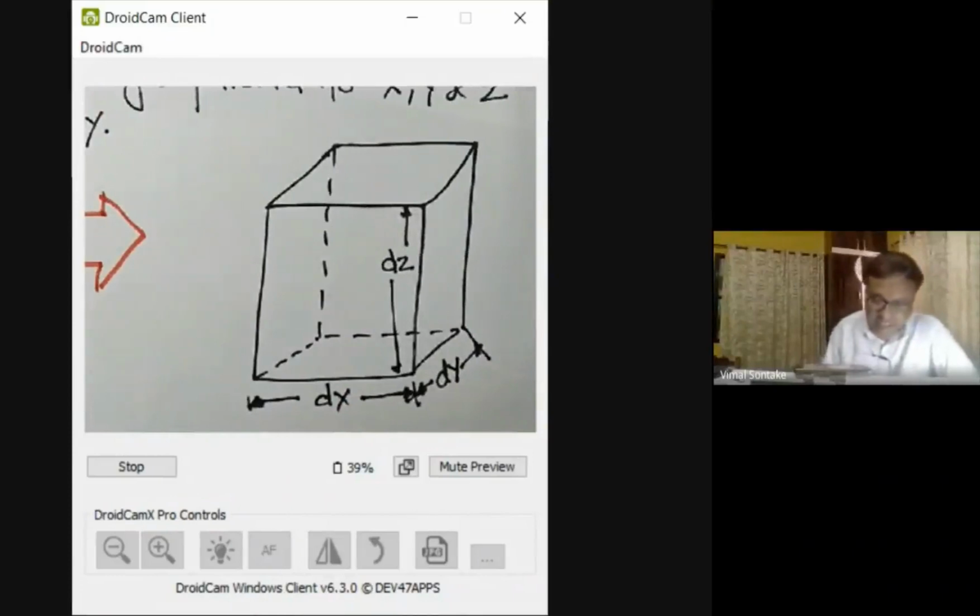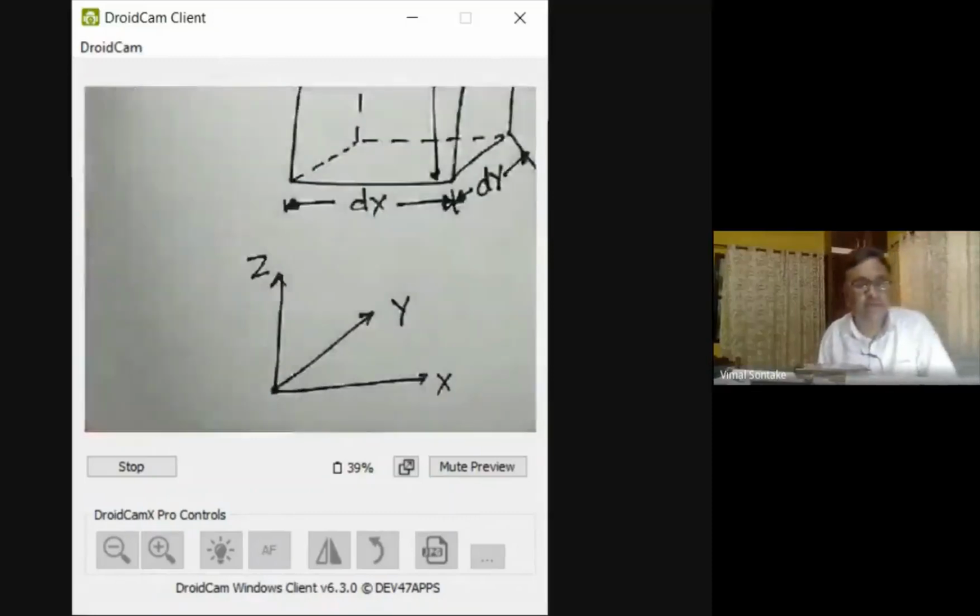Let these three edges are parallel to x, y, and z axis respectively.